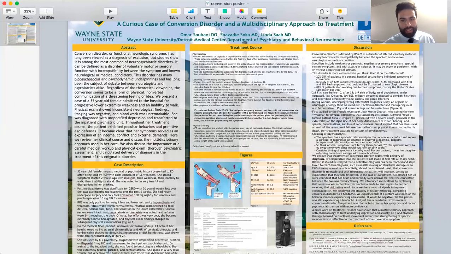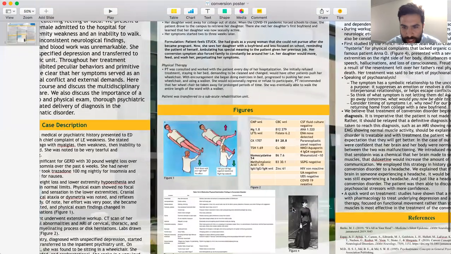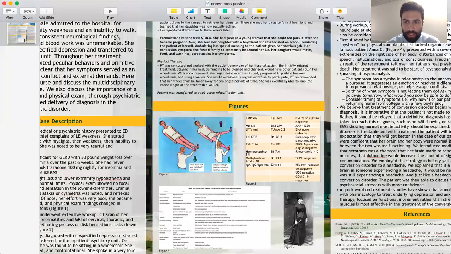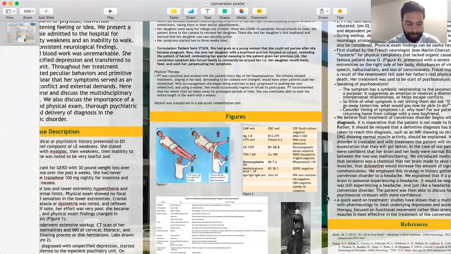So as a discussion, I'd just like to outline a few things. First of all, conversion disorder has a lot of historical significance in psychiatry. This young lady here is Anna O. She's one of Sigmund Freud's most famous patients, and she was said to have conversion disorder, and her care was said to be the start of the psychoanalytic approach.